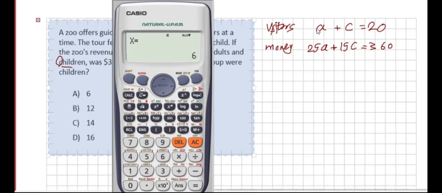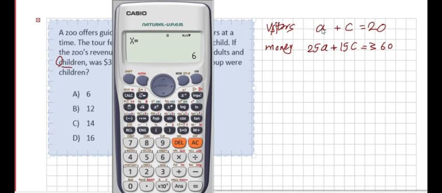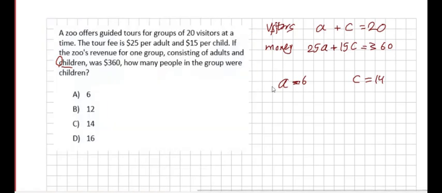We can say that A is 6 because A is the first letter, and Y is 14. So we take the same order, and write A as 6 and C as 14 instead of X and Y.